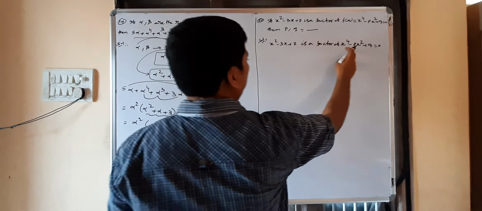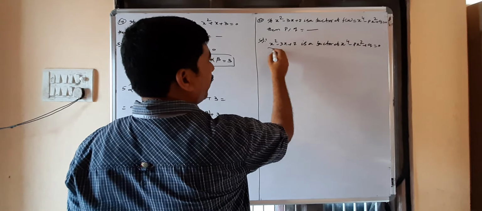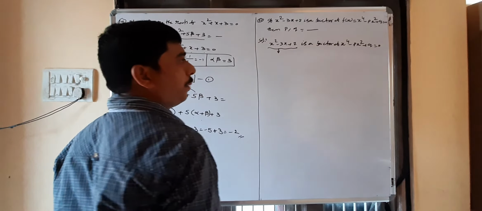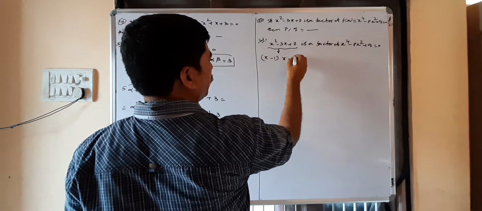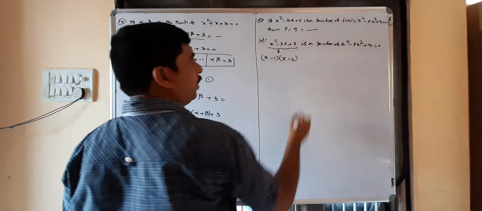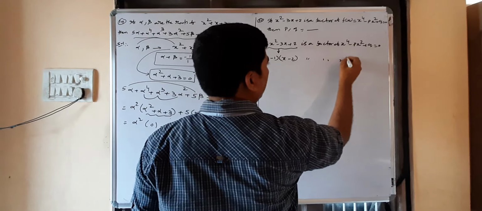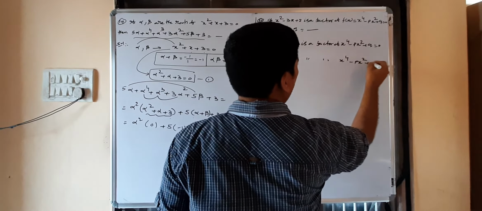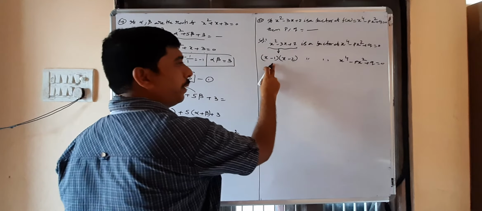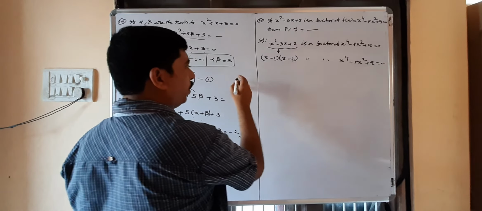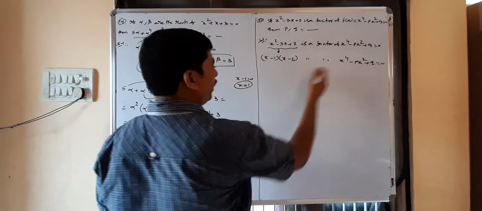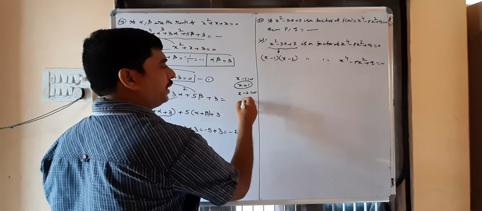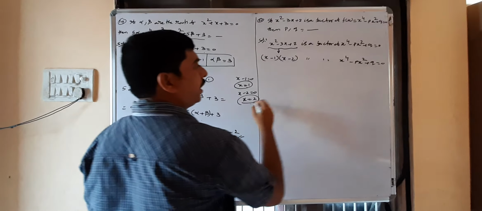If this is a factor of the equation, you have to find the factors of the quadratic. x² - 3x + 2 can be written as (x - 1)(x - 2). These are factors of x⁴ - px² + q. That means x - 1 is a factor, so x - 1 = 0, x = 1 is a root of the equation. x - 2 is a factor, so x = 2 is a root of the equation.